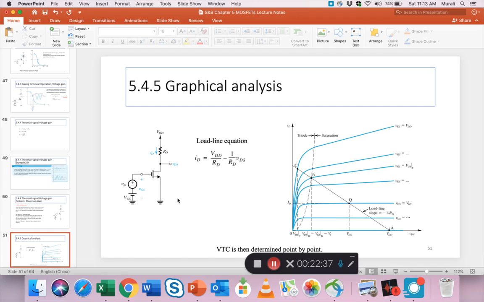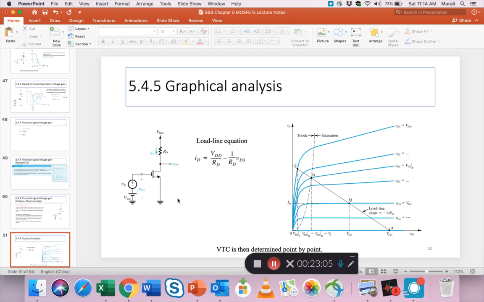Here's one more set of graphs which are important to show us in a practical way how to create the VTC. That means you don't necessarily have to do too much work on the bench in your lab to create the VTC.